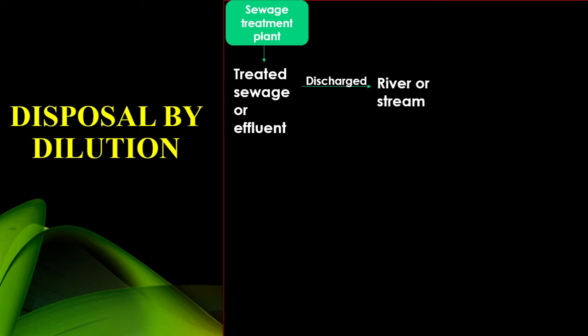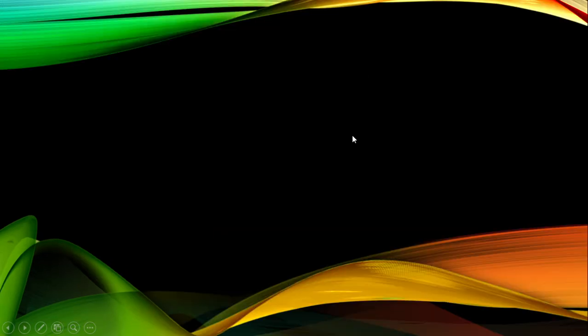The degree and amount of treatment given to raw sewage before disposing it off into the river stream will definitely depend not only upon the quality of raw sewage, but also upon the self-purification capacity of the river stream and the intended use of its water. So in disposal by dilution method, sewage is discharged into a river stream or a large body of water.